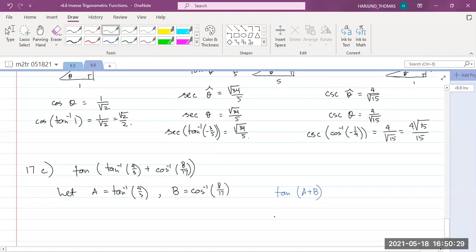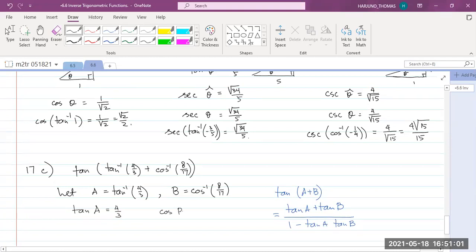Now tangent A plus B will be tangent A plus tangent B over 1 minus tangent A tangent B. So we need tangents for A and B. Oh, this one is nice. Tangent A equals 4/3. I don't even need to draw the triangle, right? Because I already have tangent A. Now, how about B?